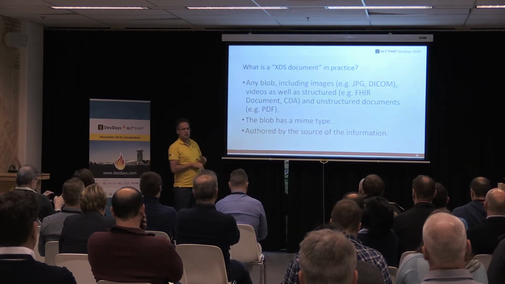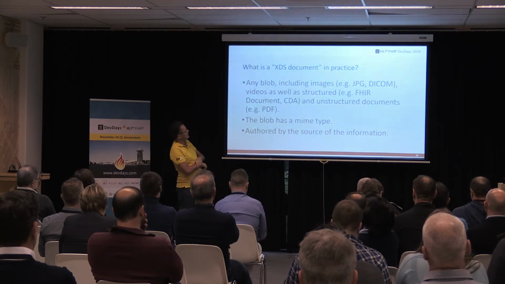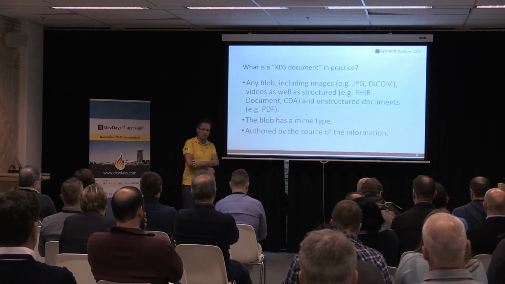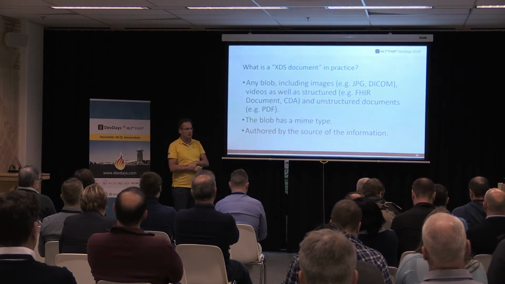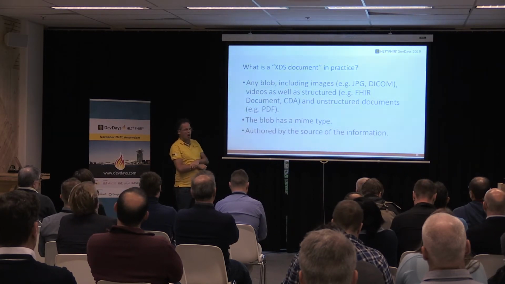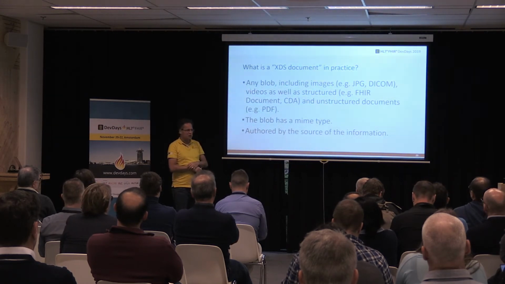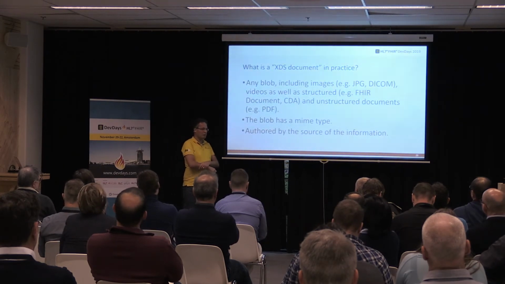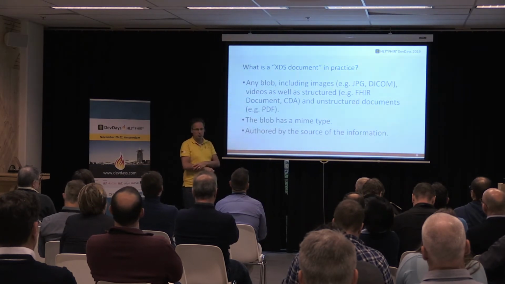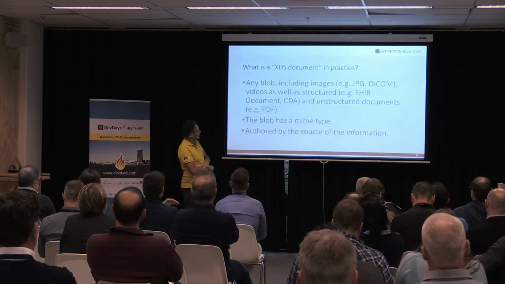But what is an XDS document in the context of, well, XDS? And if you ask around, the experts say, well, it could be this and it could be that. And at the end of the day, the definition is, it's some sort of blob that has a MIME type. That's a very flexible definition. This includes all video and it includes all images, it includes whatever, right?